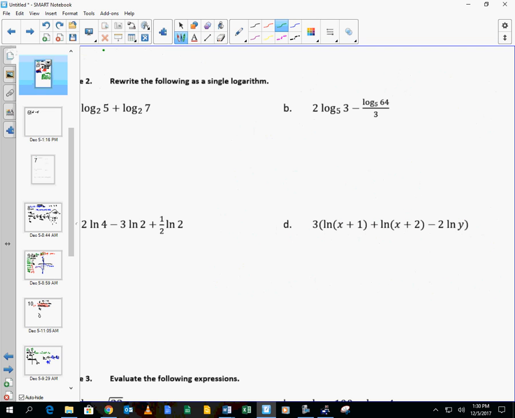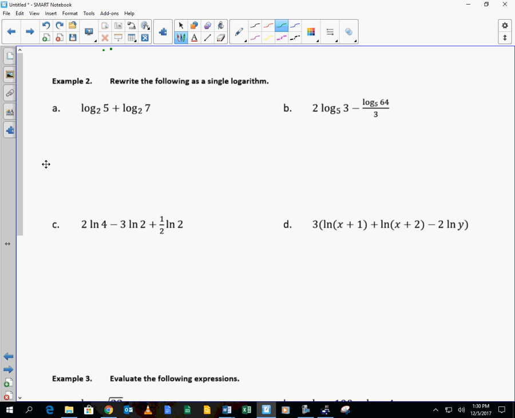Let's go the other way. Let's take multiple logarithms and write them so there's just one. Multiple logarithms, just one. Anybody see? Log base 2 of 5 times 7, or 35.